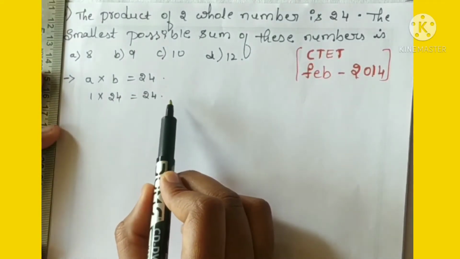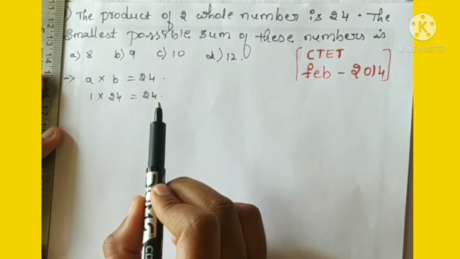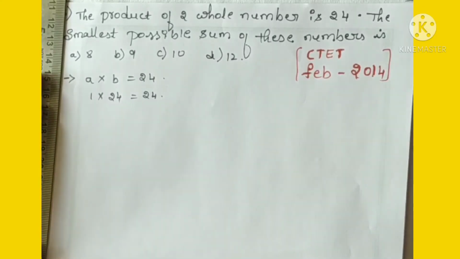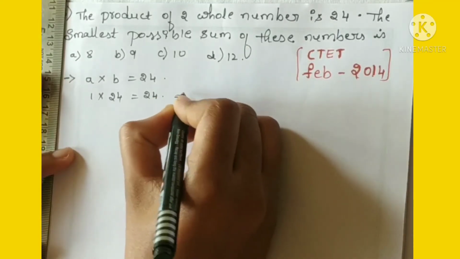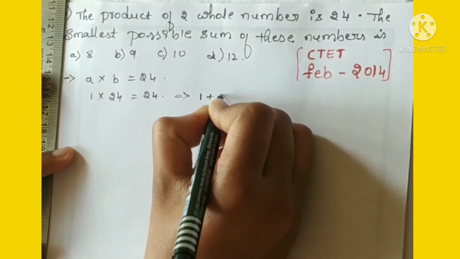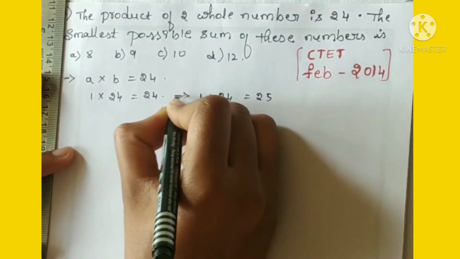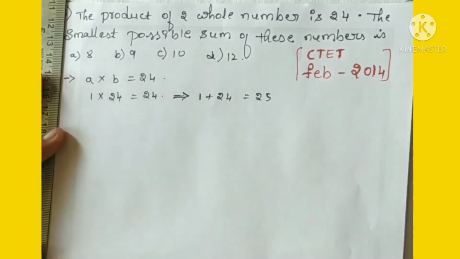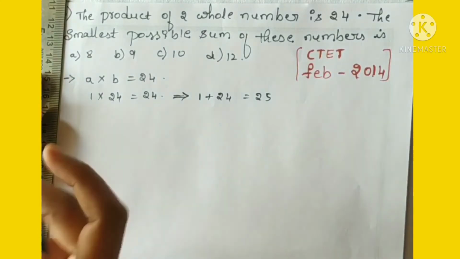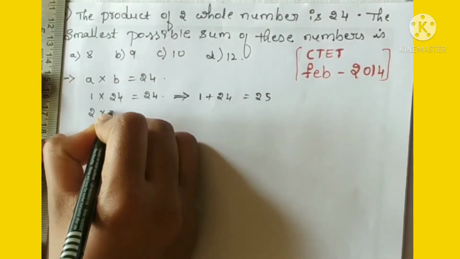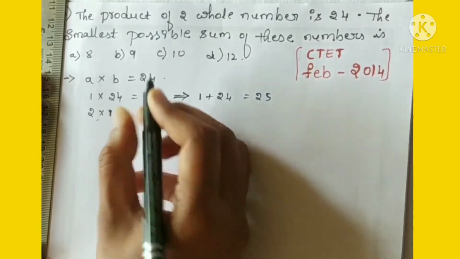And they ask for the smallest possible sum of these numbers. So I just add up these factors, that is 1 plus 24, which is equal to 25. Similarly, I search one more factor for 24, that is 2 into 12, 2 12s are 24.